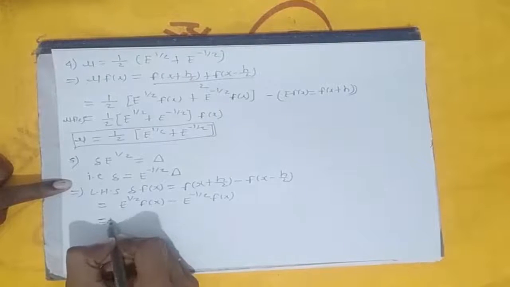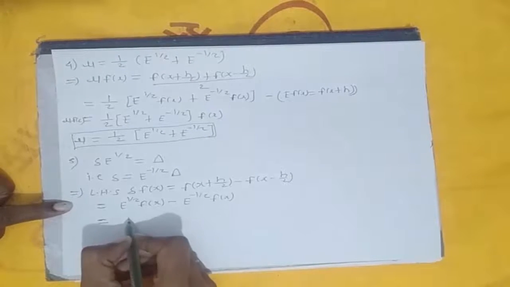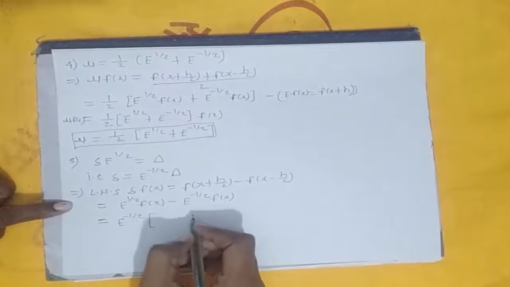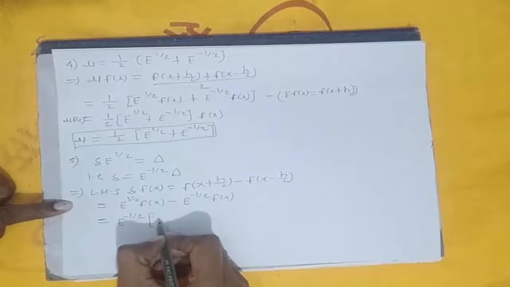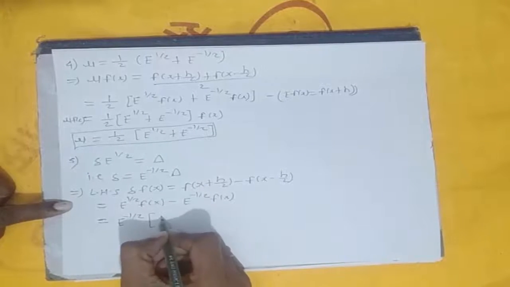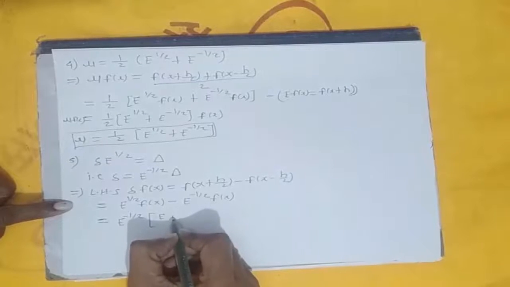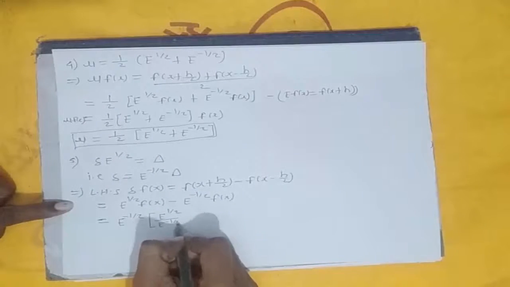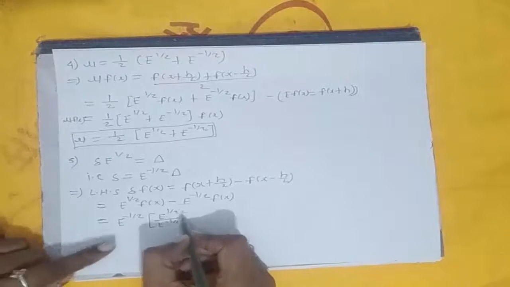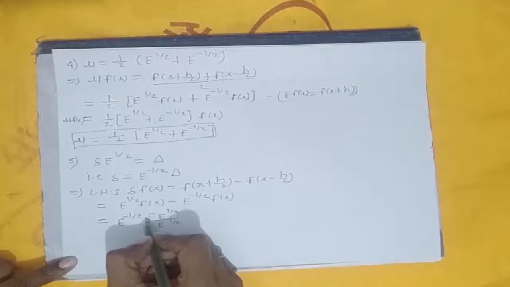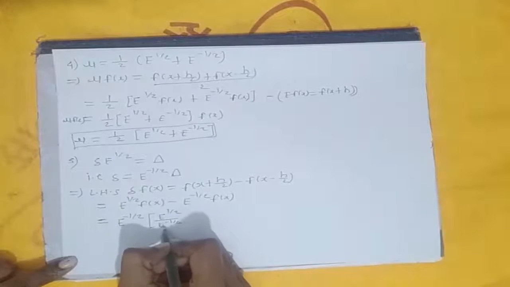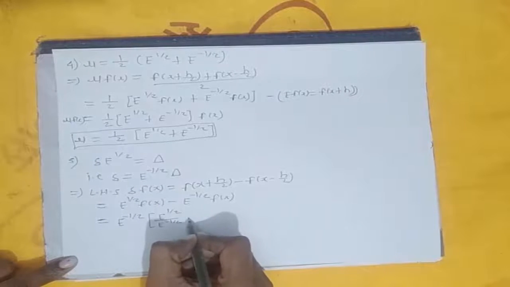Okay, then from this we can take e raised to minus 1 by 2 outside, and in the bracket also we take f of x outside. Here if we take e raised to minus 1 by 2 outside, then we have to divide by it in the other term also: e raised to 1 by 2 becomes e raised to 1 by 2 plus 1 by 2, because e raised to minus 1 by 2 is not present there. We take e raised to minus 1 by 2 outside from the numerator, so we also divide the other term by e raised to minus 1 by 2.